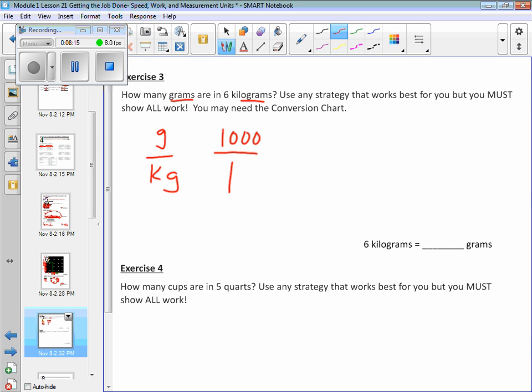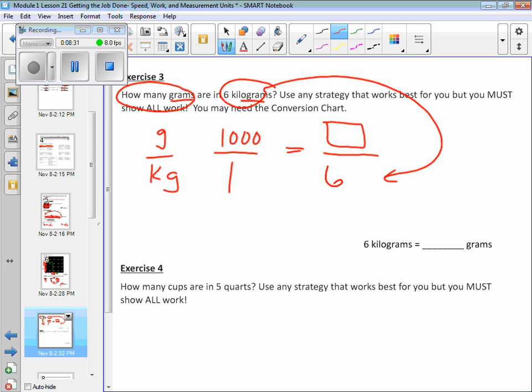Equals. So now I go to the word problem. How many grams? That's what I'm trying to find. That's my blank. 6 kilograms can go in. Now I'm all set up. What's my rainbow factor?